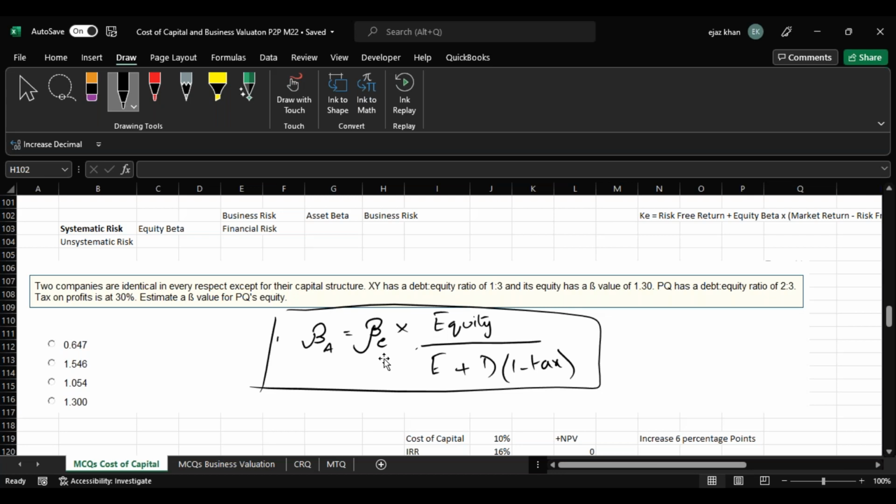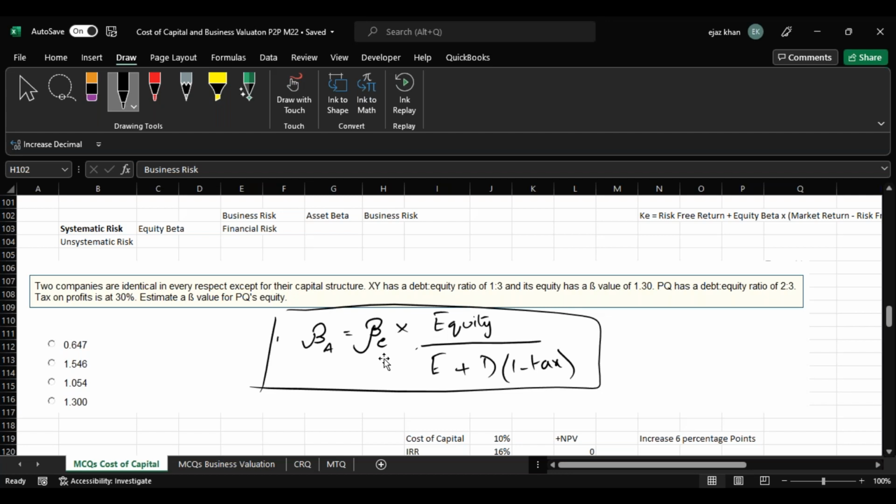But obviously, if there are two companies operating in the same business and they are almost similar, they both will have the same business risk because they are in the same business and very similar to each other.